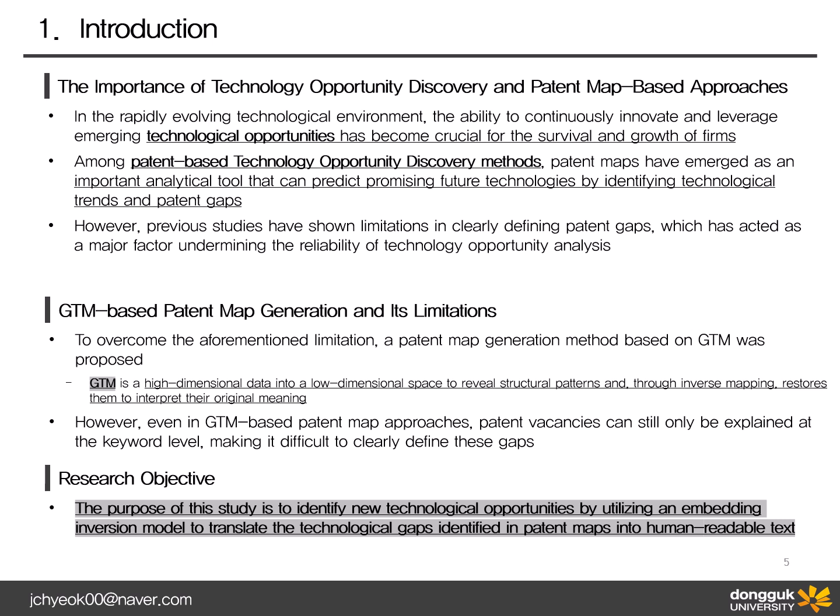Therefore, this study aims to utilize an embedding inversion model to translate technological vacancies identified in the patent map into human-readable text, thereby enabling the discovery of new technology opportunities.